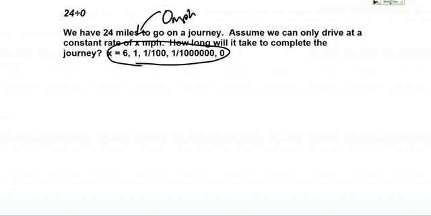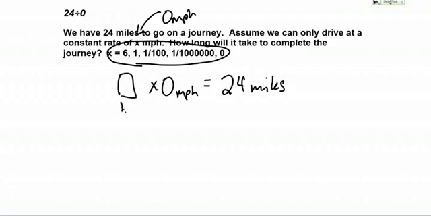First of all, though, if we look at it purely from a missing factor problem with multiplication, again, we're looking at 24 miles total that we want to go. And we're given our speed of, in this case, 0 miles per hour. And we want to know how many hours it will take to go the 24 miles.